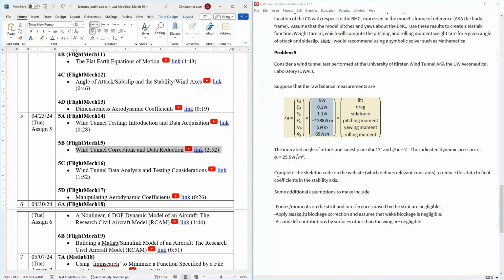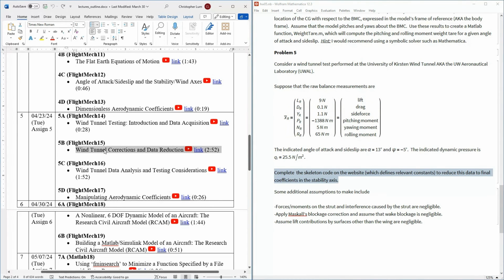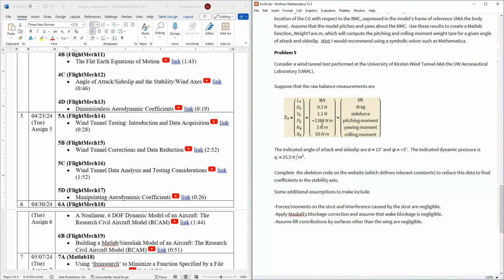So I provided some skeleton MATLAB code on the class website that outlines some of these processes and procedures that we talked about in this video. So all you need to do is download that code and start filling it in. And again, all we're trying to do is perform data reduction for one single data point here for our wind tunnel model. So yeah, that's the game plan.